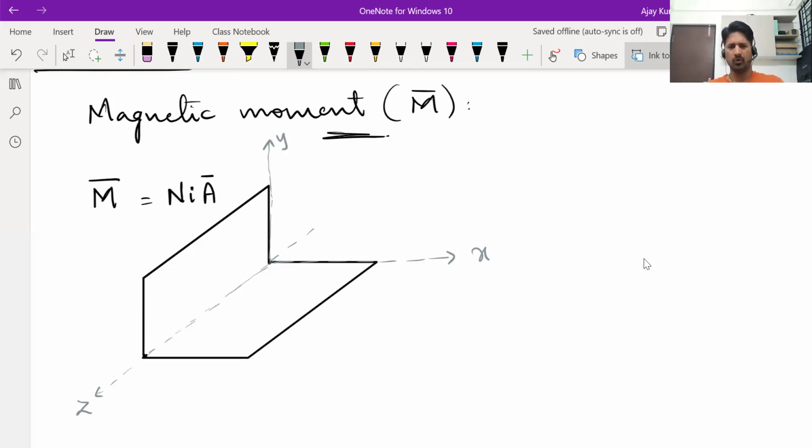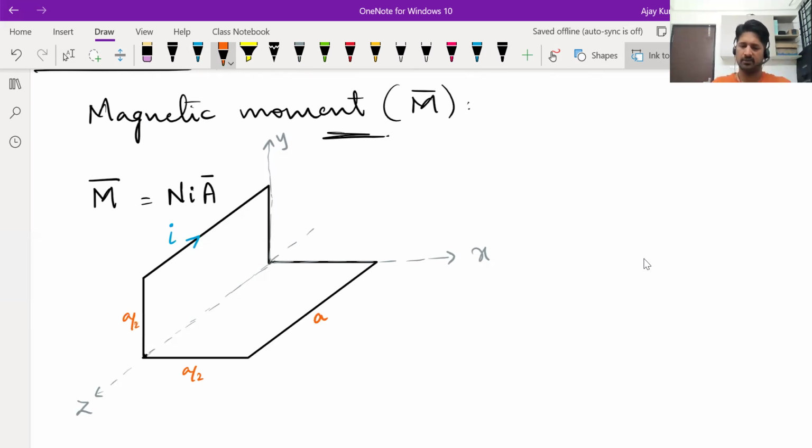So this is a loop only, right? Let's say the current flowing is I. I'll give you the dimensions also. Assume this is a by 2, this is a by 2, and this side is a. Same for the others also, opposite sides also.